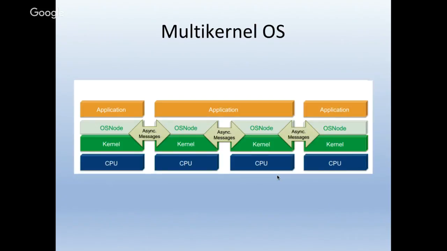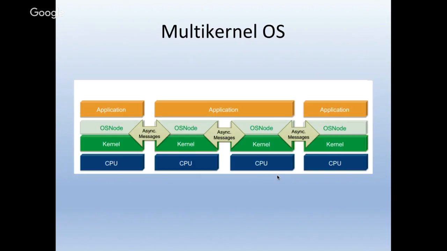So we argue that a good architecture model for dealing with dynamic cores, adapting to heterogeneous cores, or changing software requirements is a multi-kernel model. In a multi-kernel, each core runs a separate kernel program, and state is kept in per-core state in what we call an OS node.